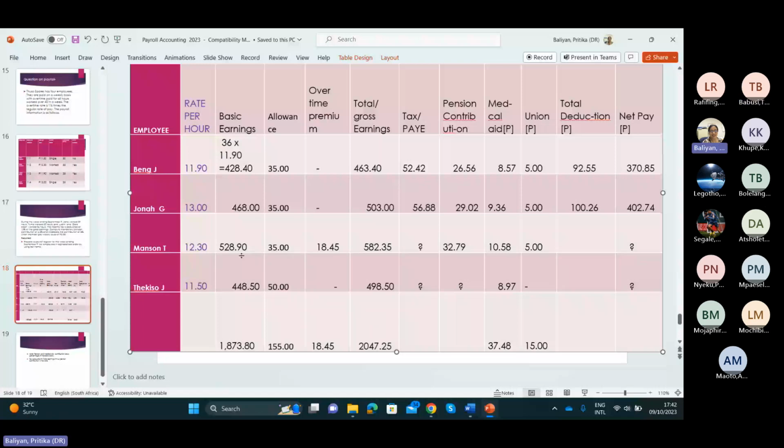And the overtime, how many hours did he work as overtime? 3 hours, right? Because normal working hours in a week is 40, and he worked 43 hours. So he is supposed to get premium for 3 hours, which is 50% of the normal rate. The normal rate is 12 pula 30 thebe.